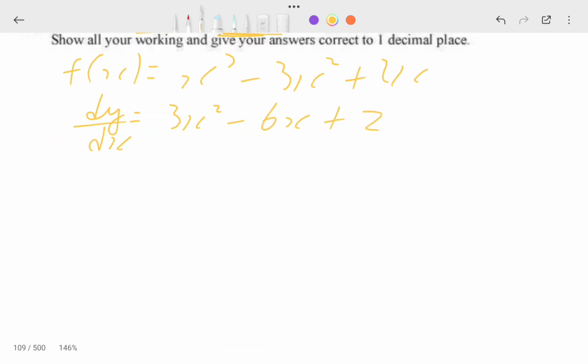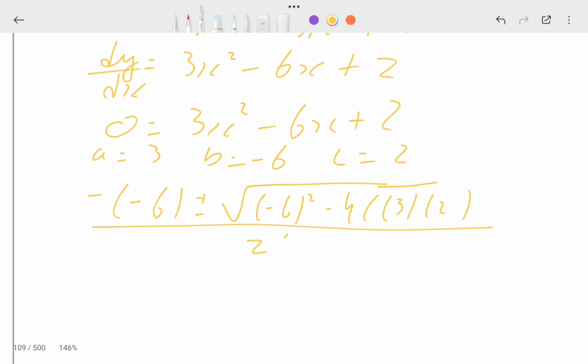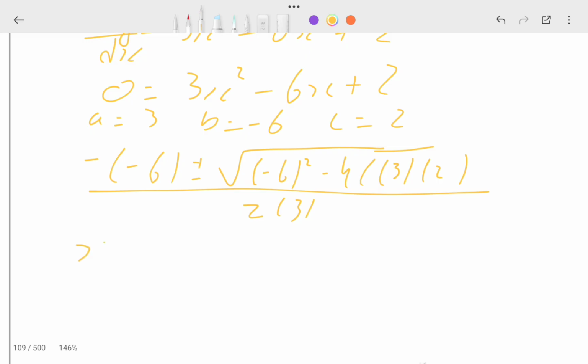Now we will solve this with formula. a is equal to 3, b is equal to minus 6, c is equal to 2. Then we will put formula minus b plus minus square root of b square minus 4ac, divided by 2a. So first value of x will be, we will solve in calculator, 0.4, and the second value of x will be 1.6.